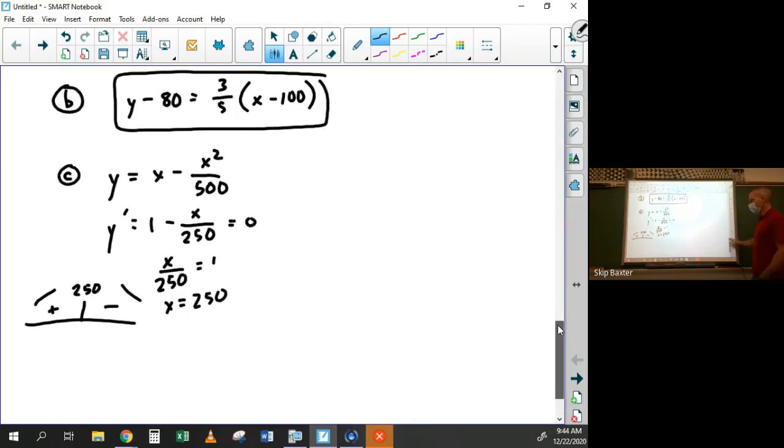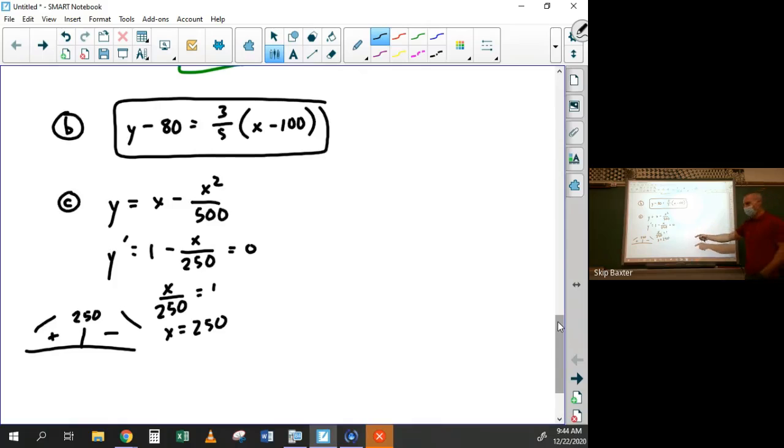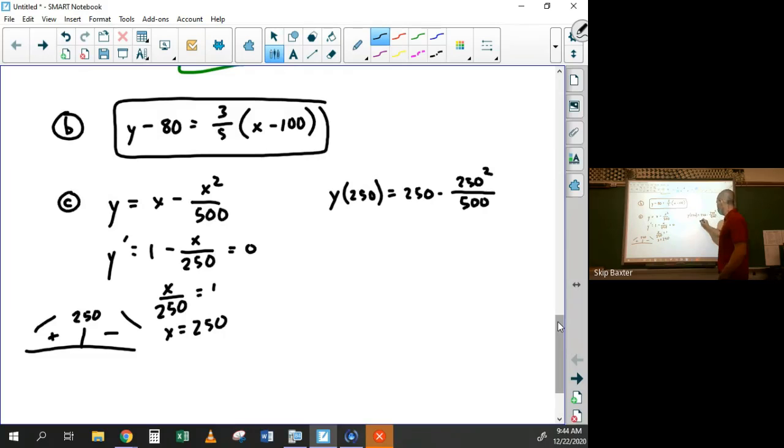Okay? So if the max occurs at x equals 250, you just need to find the y coordinate at that point, which would be the y coordinate of 250, which is 250 minus 250 squared over 500. This ends up being 125 feet.